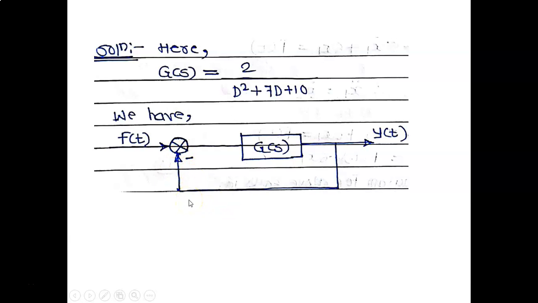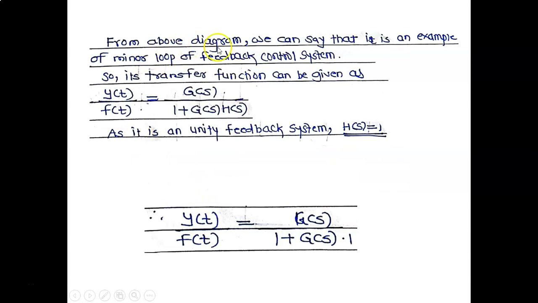Therefore from the above diagram we can say that it is an example of minor loop of feedback control system. So its transfer function can be given as y(t) upon f(t) is equal to G(s) divided by 1 plus G(s)H(s). As it is a unity feedback system, H(s) is equal to 1, therefore y(t) upon f(t) is equal to G(s) divided by 1 plus G(s).